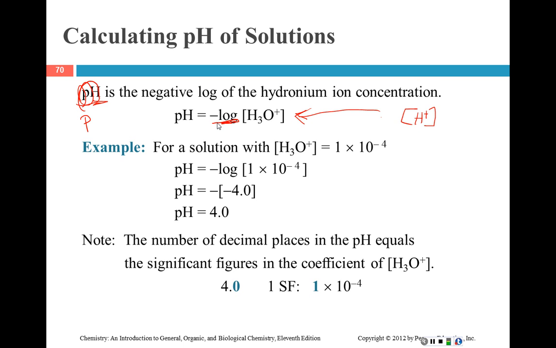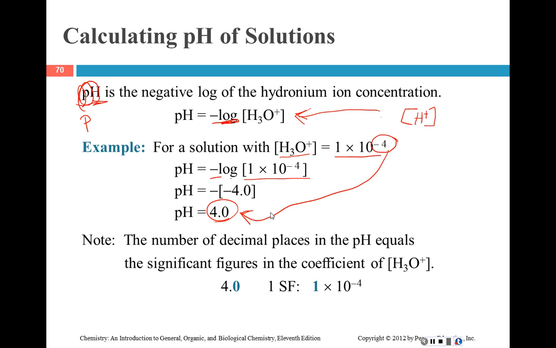So what this tells us is, and you're going to love this, that if you have a hydronium ion concentration of 1 × 10⁻⁴, if you put that in your calculator and you do negative log of 1 × 10⁻⁴, you're going to get 4. So if your concentration is 1 × 10⁻⁴, your pH is going to be 4.